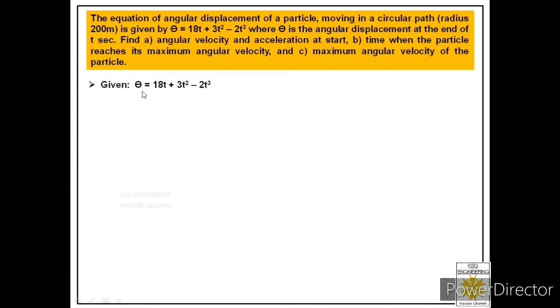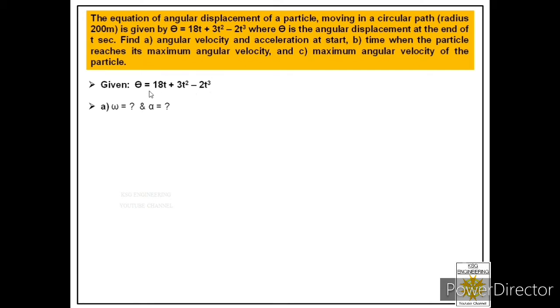We are given this equation of theta equal to 18t plus 3t square minus 2t cube. In the first part, we have to find omega, the angular velocity of the particle, and the angular acceleration of the particle at start, at time t equal to 0.